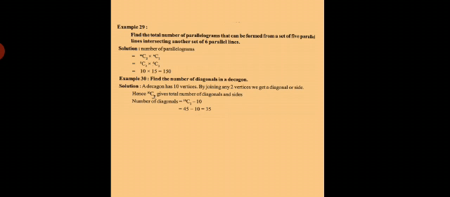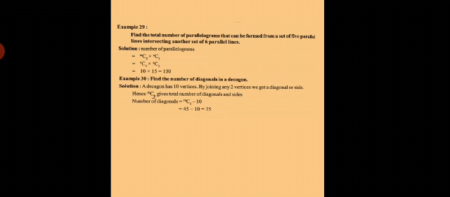Here the value of m is equal to 5 for the first set of parallel lines, and for the other set, the parallel lines are 6. Now substitute these two values in the formula. You get 5C2 is equal to 10 and 6C2 is equal to 15, which gives 150.